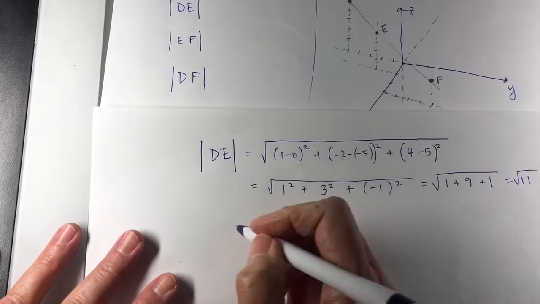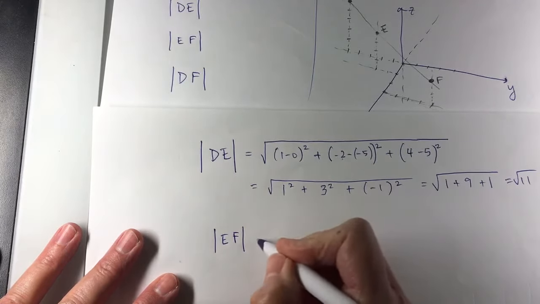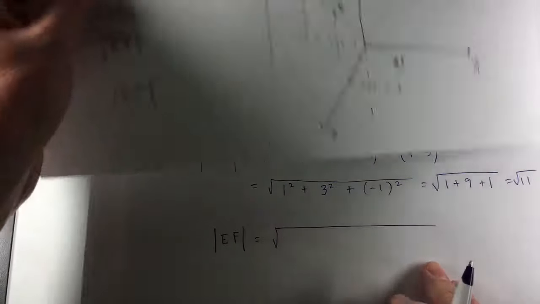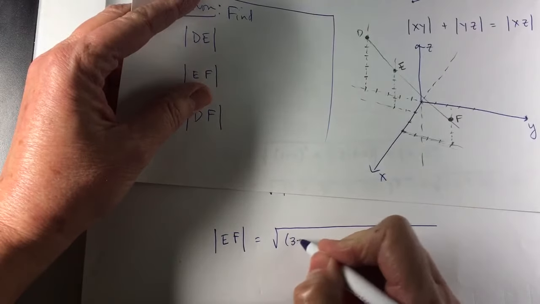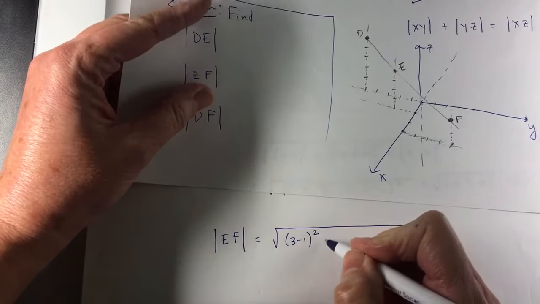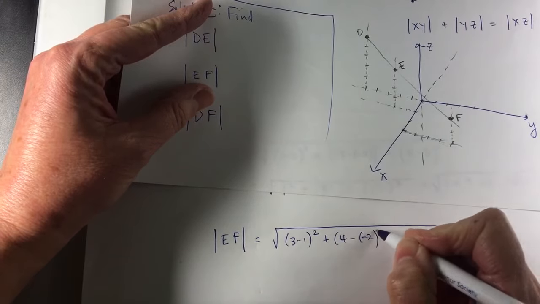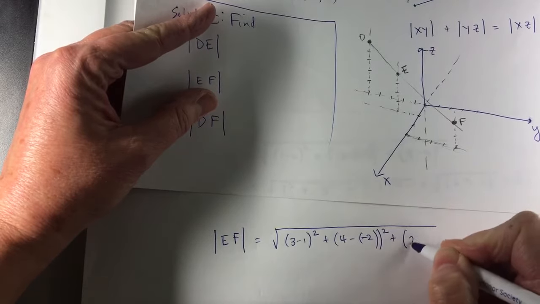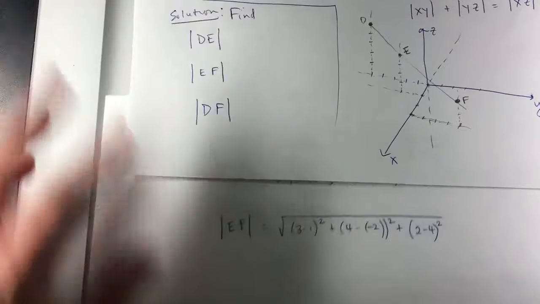And then let's go with the distance from E to F. That's going to be the square root. So I'm going to do 3 minus 1, squared, plus 4 minus -2, that quantity squared, plus 2 minus 4, that quantity squared.